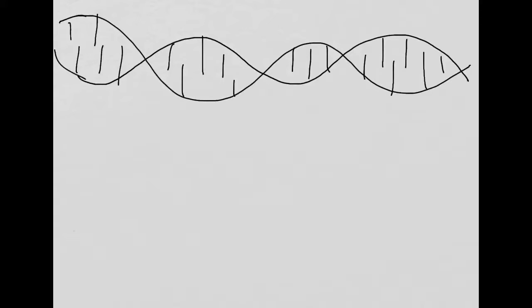So here we see a double-stranded, double helix DNA. The damaged DNA actually alters the spatial configuration of the DNA. So the DNA shape physically changes. So the one above may look something like this.